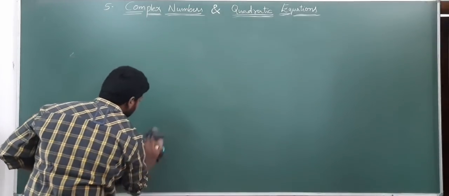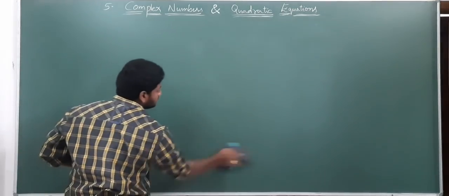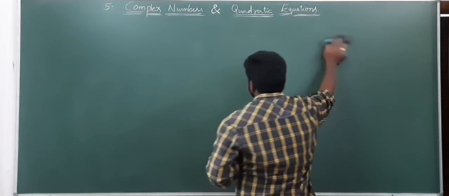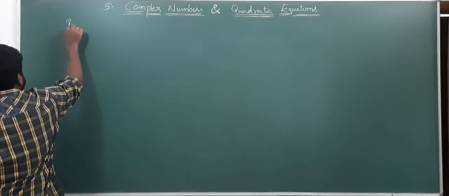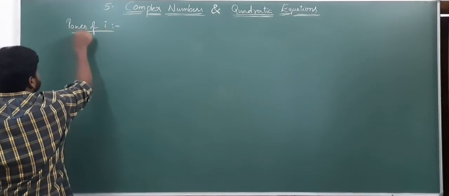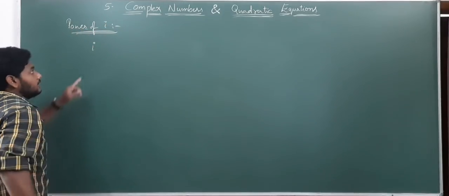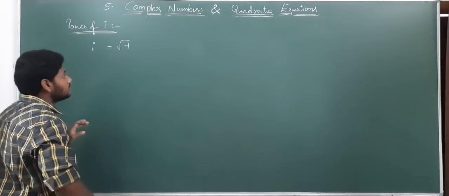So next, keep the side heading, power of i. We know i to the power of 1 value is square root of minus 1, right?